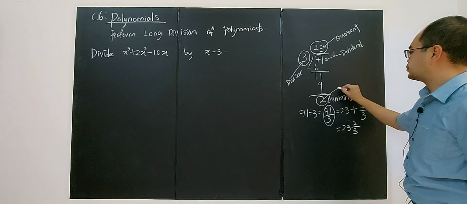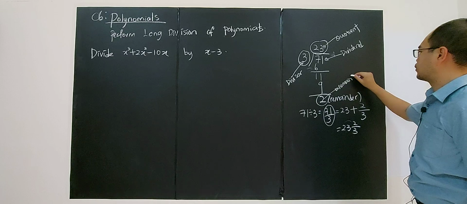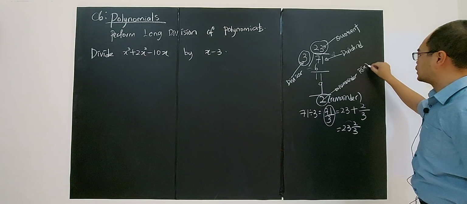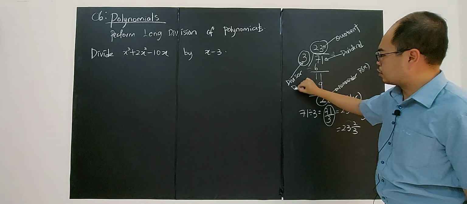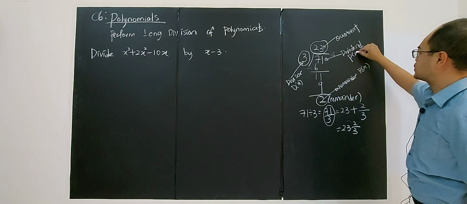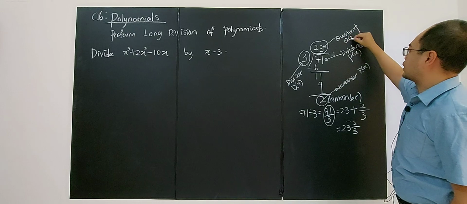And this will be your remainder, baki. Each of these we rewrite in algebraic form: the remainder is R(x), your divisor is D(x), the polynomial is P(x), and the quotient is Q(x).